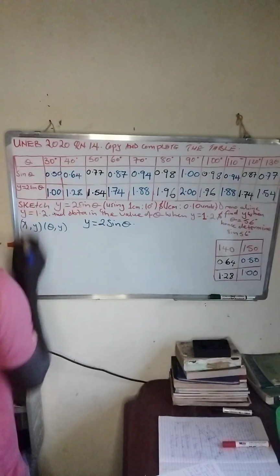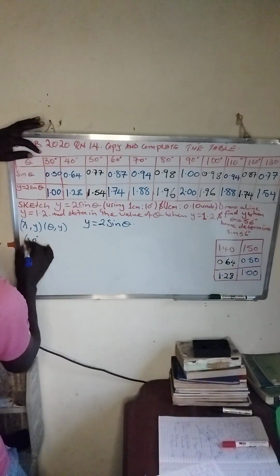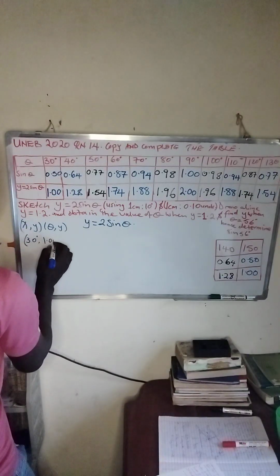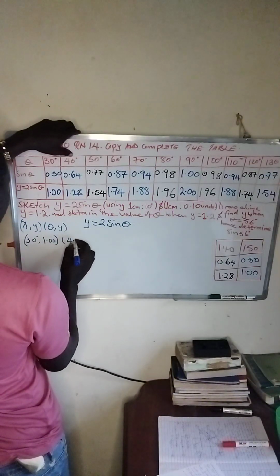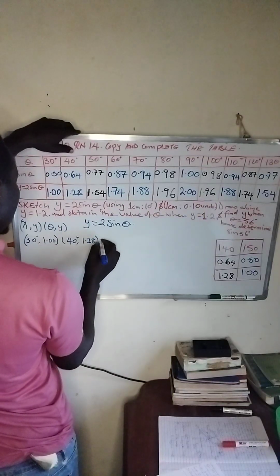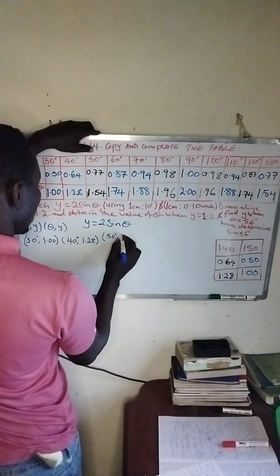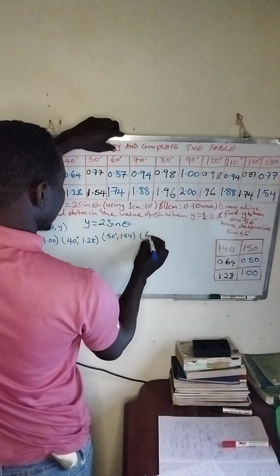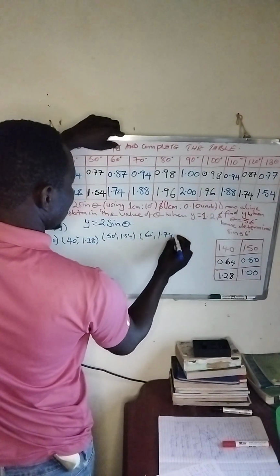Now, the first point here, we just bring the 30 degrees and 1.00. Then another point will be 40 degrees and 1.28. Another one will be 50 degrees and 1.54. Another point will be 60 degrees and 1.74.